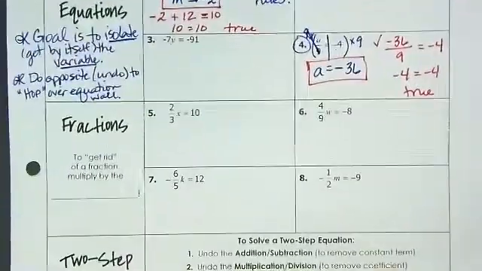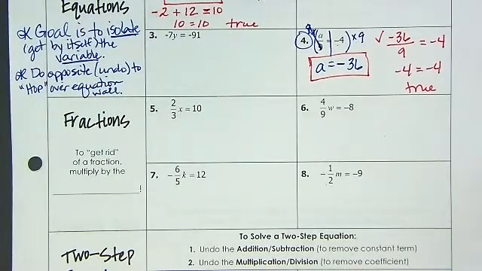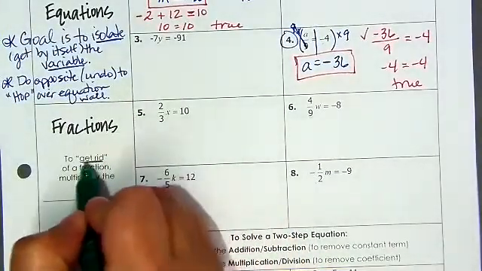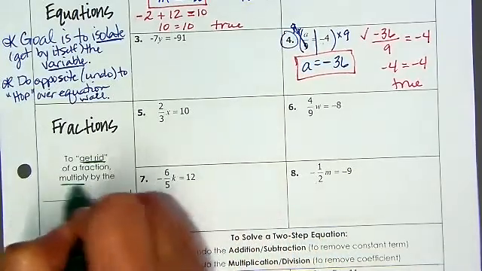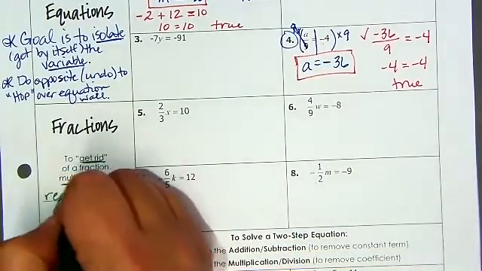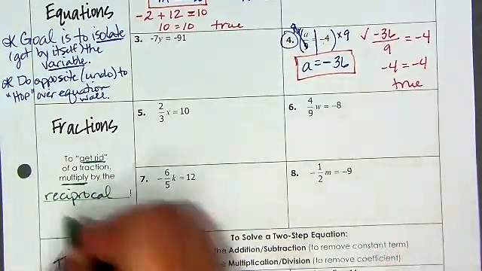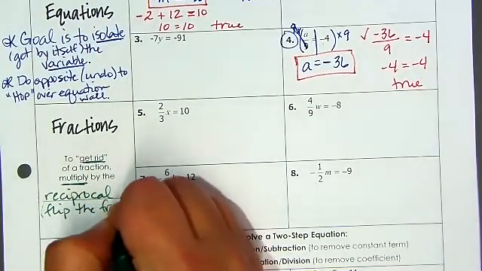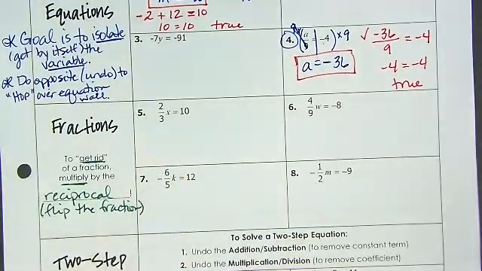Fractions, here we go. I know, it's like the cursive math. But we got this. There's no reason to be afraid of fractions. We want to get rid of the fraction. The way to do that is you multiply by the reciprocal. The reciprocal means flip the fraction.